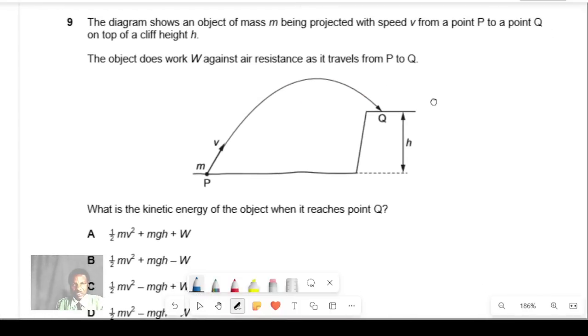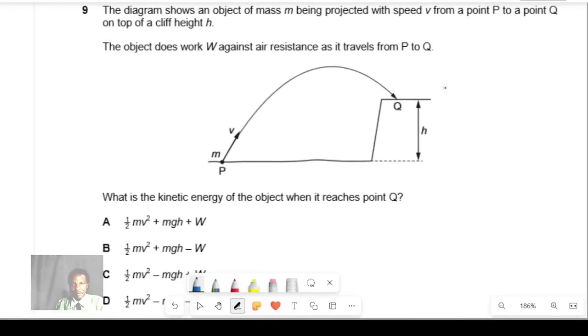All right, question 9. The diagram shows an object M being projected from this point here, then it travels to this point with the speed v. So here, what is the kinetic energy? It is half mv squared. Then it travels to this point here, and the potential energy here is mgh. The work done in moving it to this place is W. So what will be the energy of this ball at the point Q?